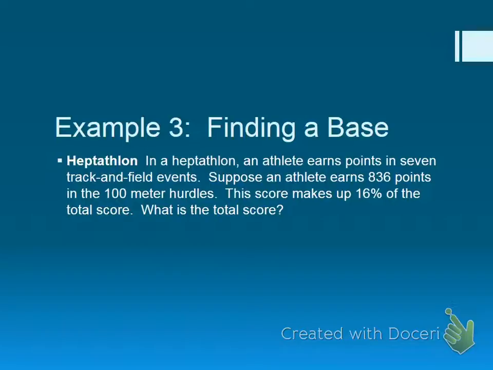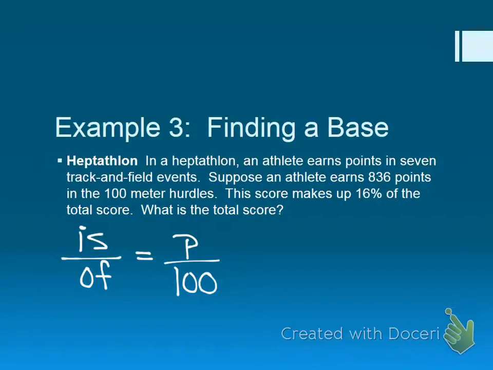So I'm going to start, obviously, with my formula, is over of equals P over 100. But now I have to go back to the problem, and for sure I know my percentage, right? So now I have to figure out, what are they asking me to solve for, A or B? It says, what is the total score?